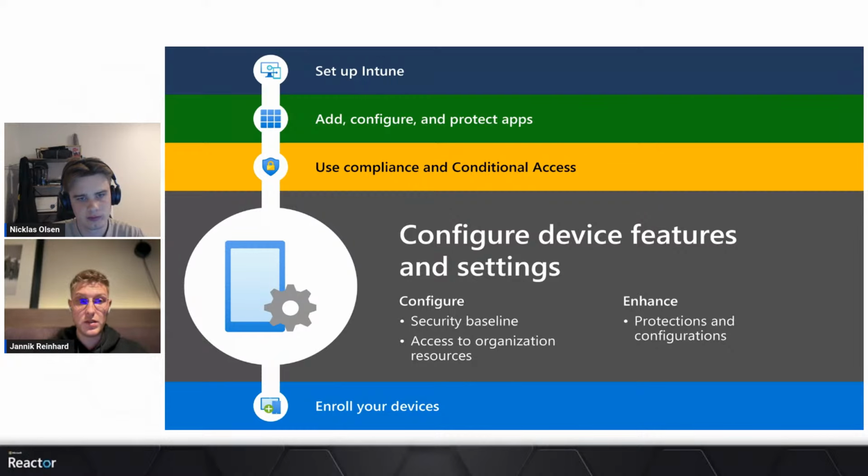In the end, what you see here in this graphic is more or less the steps, the different things you should do when you set up a new enrollment for devices. And the important thing is, before you start to enroll your devices, make sure that the configurations are set in Intune, and the most important configurations are the security configurations.